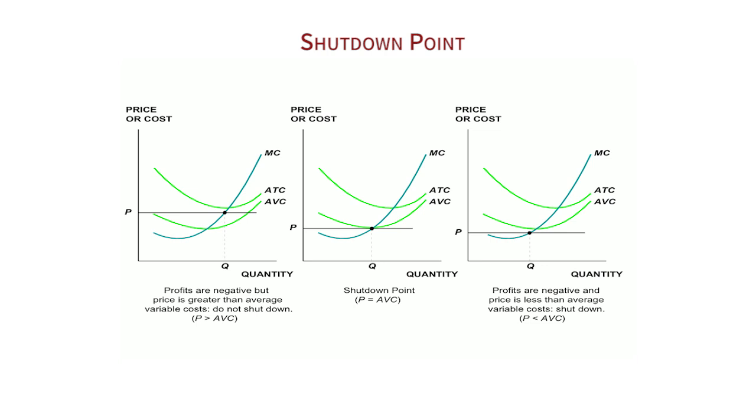And we're moving into the next picture, and now I've drawn the price at the bottom point of the average variable cost. So at that point, average variable costs are equal to the price. And then on the far right is a case where the price is even lower than average variable costs. Now we call the point in the middle the shutdown point. And the reason for that is, in the short run, a firm has to pay its fixed cost, has to pay the capital for those trucks or for those buildings.